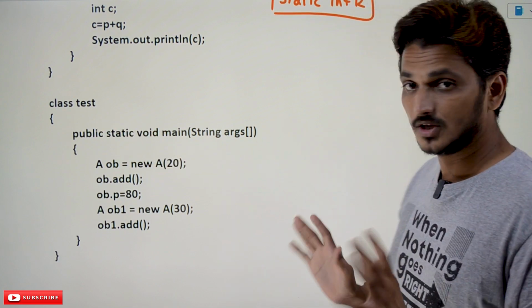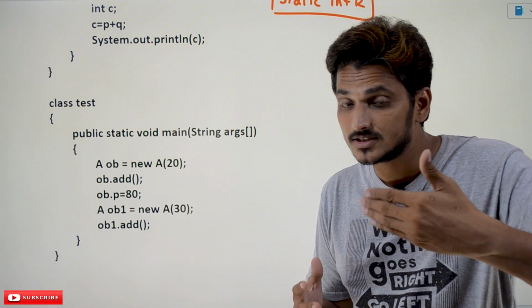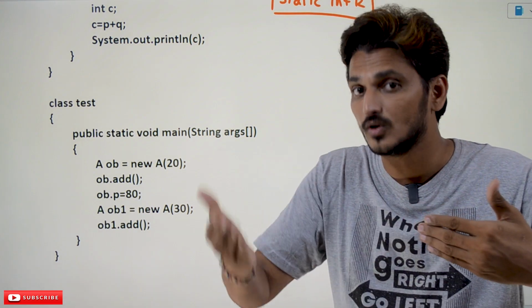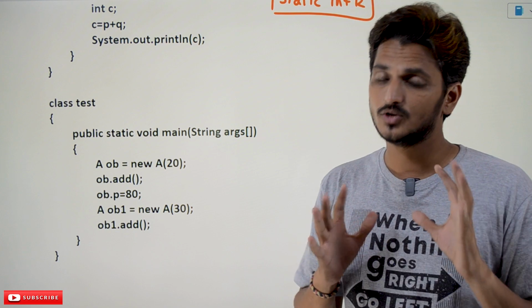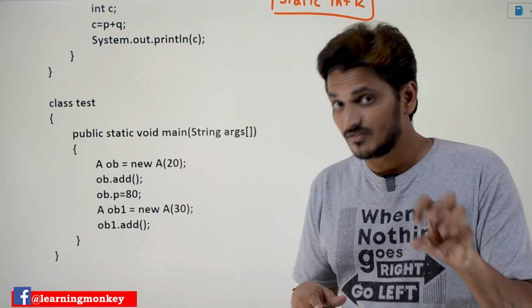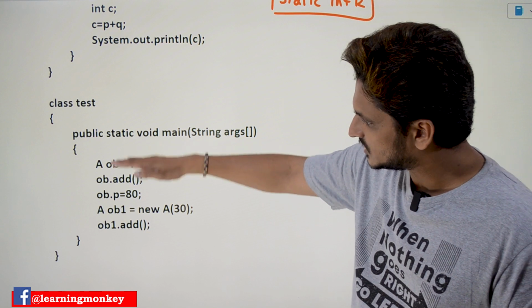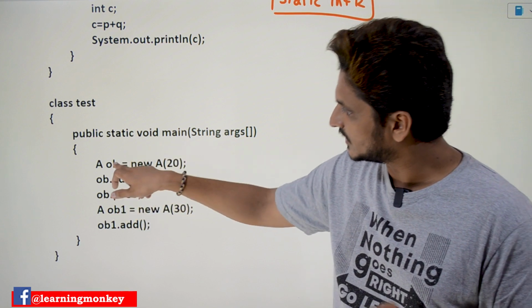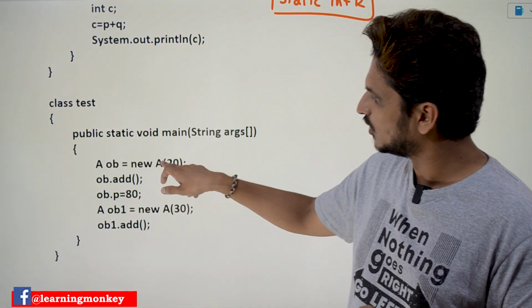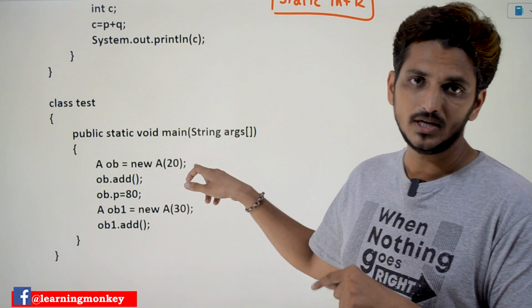Now you need to understand when static variables are assigned a memory location. In our previous classes we discussed that our execution starts from here, and in the first line of the code, ob is equal to new A of 20.